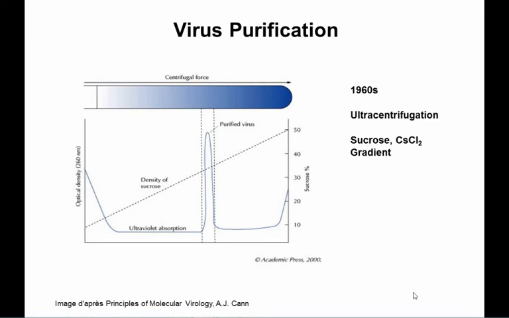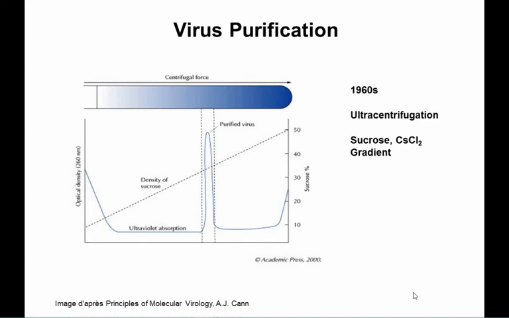So the idea here is you're going to start with a mix of soluble proteins, large lumps of cell debris, and from time to time, virus particles. This is all mixed up in the raw cell extract.